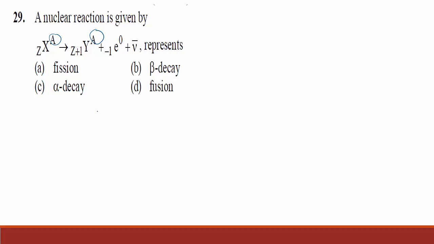Here it is a beta decay process. There is no change in mass number, that is A. And the second point, atomic number, that is Z, is increased by 1. So we can say that this is a beta decay process.